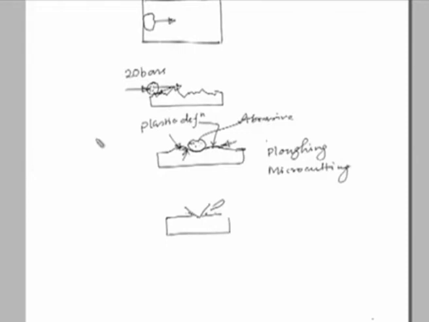So, here cutting is taking place in the form of micro grooves on the workpiece surface. If this is the workpiece, then this will be the result of micro cutting. This will be in the dimension of a few micrometers or fractions of micrometers, and repeated cutting in this fashion of the work surface causes smoothing of the surface.